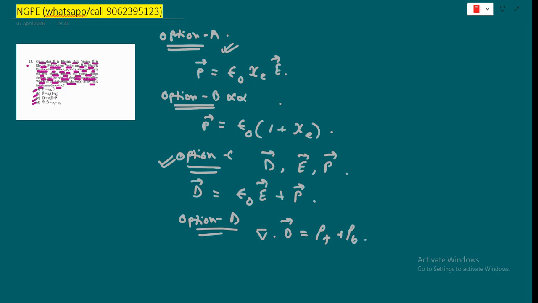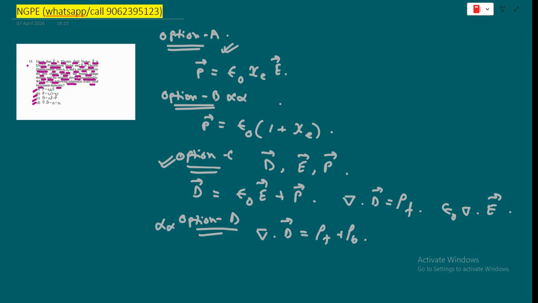So the correct Maxwell equation is what? Now if you add rho B, you are talking about epsilon naught nabla dot vector E. So option D is a lie. It's trash, complete trash.